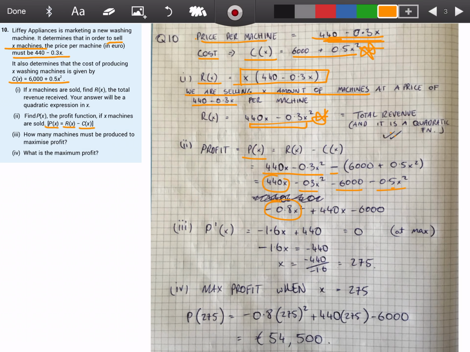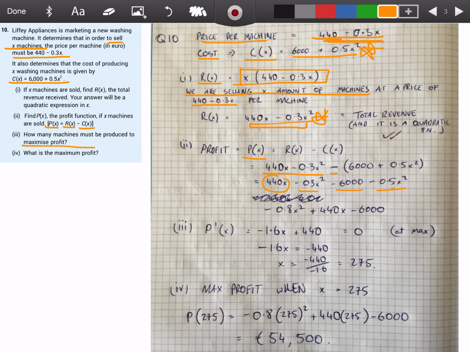X's are on their own, so there's no other ones, and numbers at the end. I want it to look like a quadratic function as it usually does, and that's what I end up with. So I've got minus 0.8x squared, plus 440x, minus 6,000. Done. Okay. And then that's all that's being done. That's the profit function. I don't need to solve for x just yet.